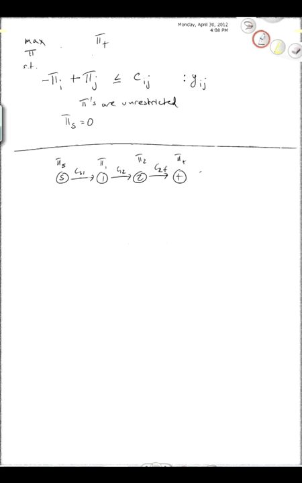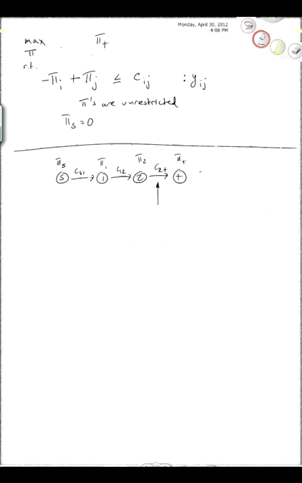Now, this linear program is asking us to make pi t be as big as we can possibly get it. We'd really like to make it infinity, but we can't because pi t is involved in some of these constraints. In particular, it's involved in only one constraint, and that constraint comes from this edge right there.